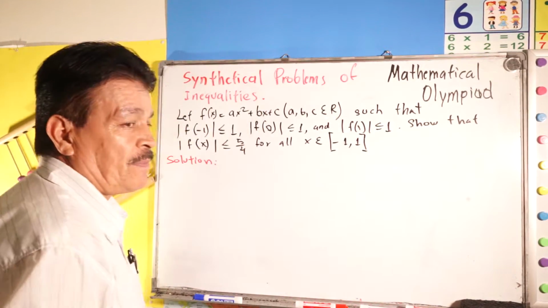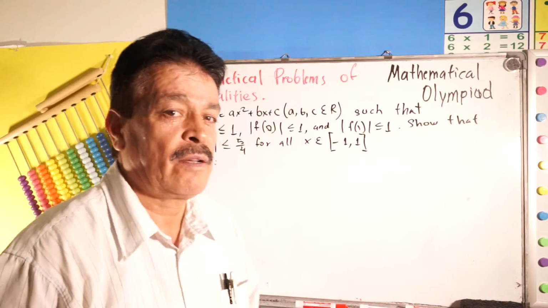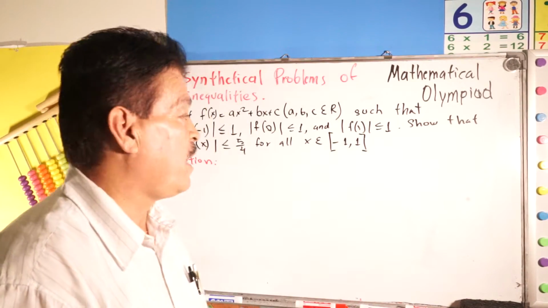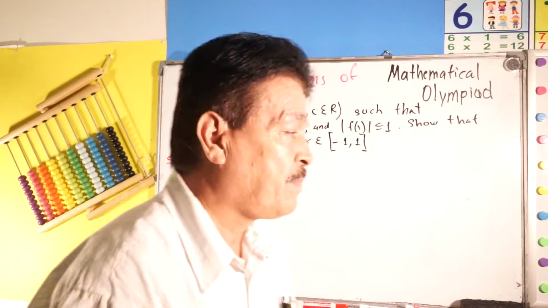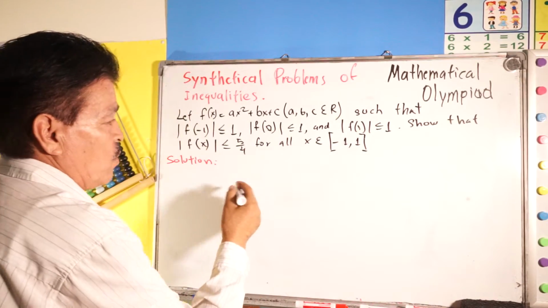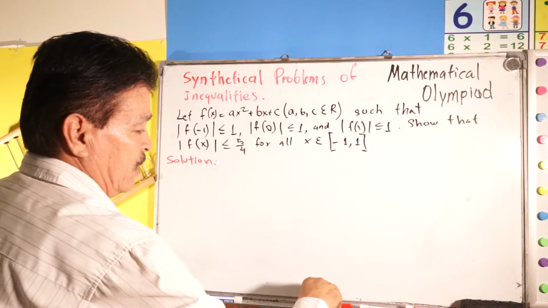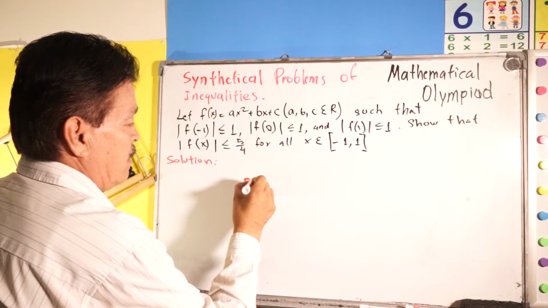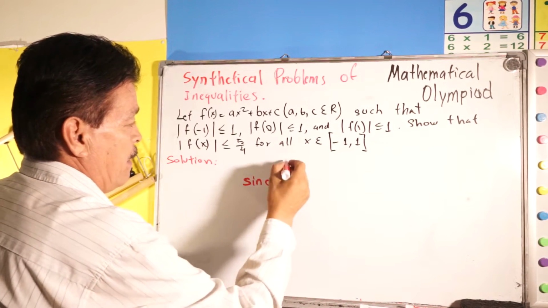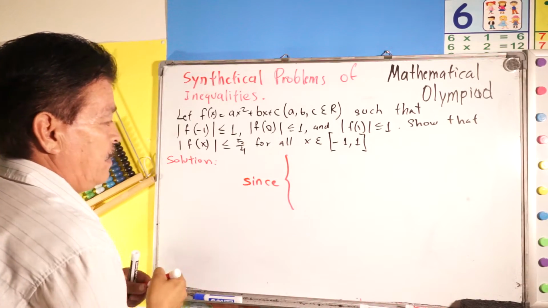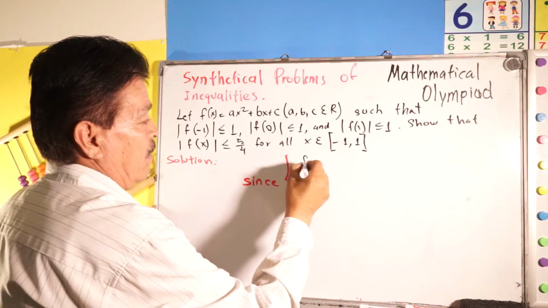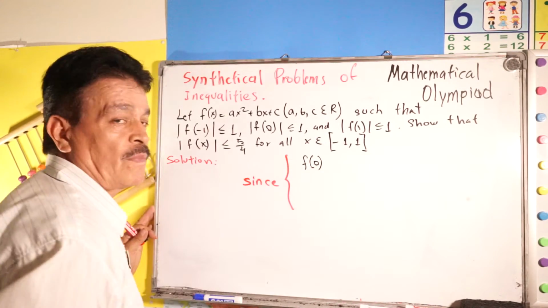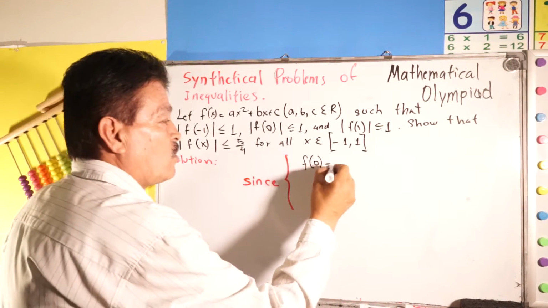All right, so what is the solution? In the first moment, just write, look at this, some idea. Open parentheses here, we have to write f of 0. f(0) equals c.